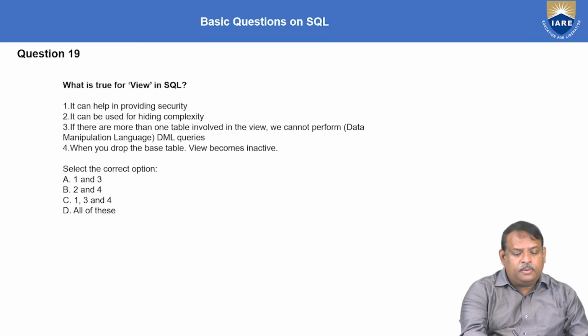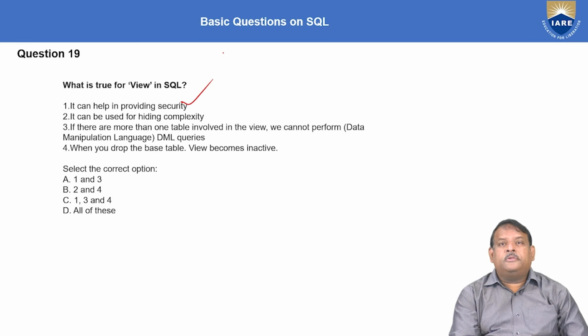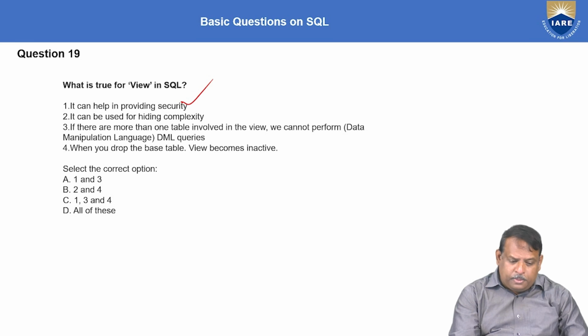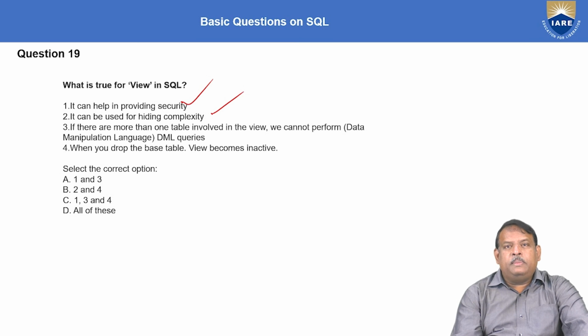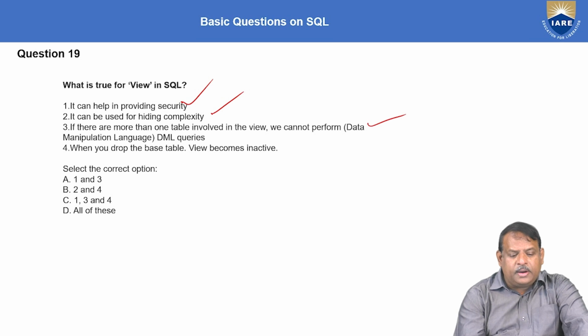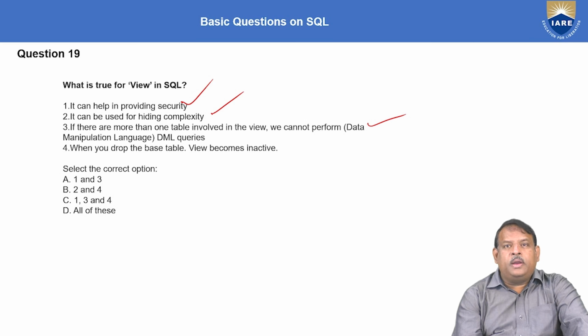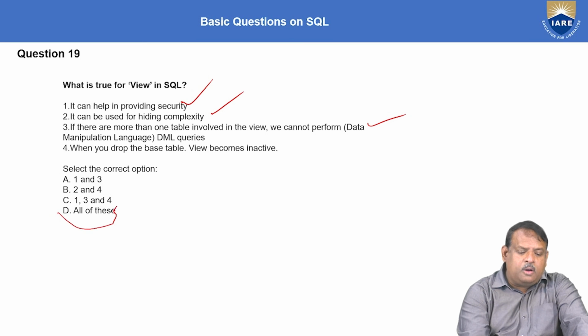Right answer. It can also be used for hiding complexity. Correct. If more than one table is involved in the view, we cannot perform data manipulation queries. Correct. When we drop the base table, views will be inactive. All are correct. So the answer is all of these.